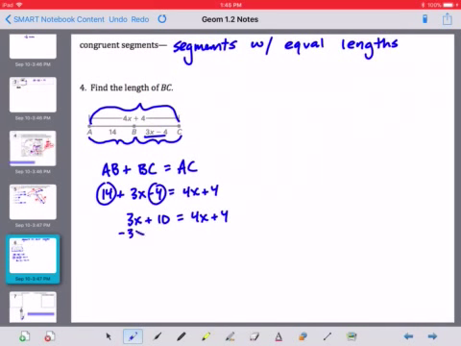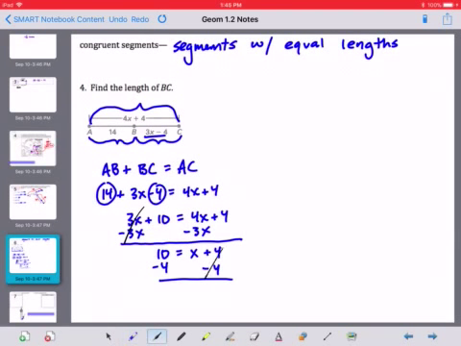Let's subtract 3x from both sides. These cancel then, and we end up with 10 equals 4x minus 3x is 1x, or just x. And lastly, if we subtract 4 from both sides, we end up with 6 equals x.